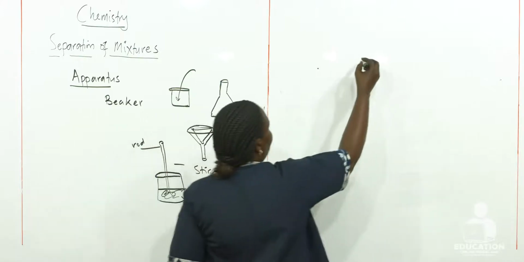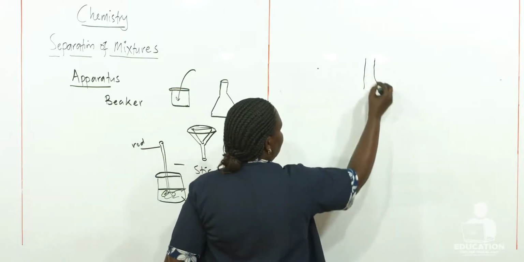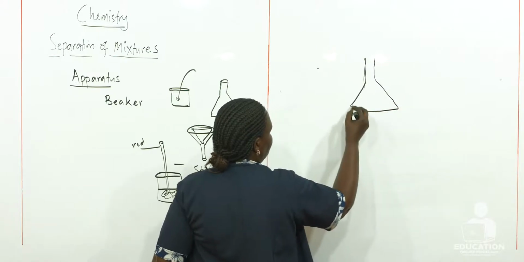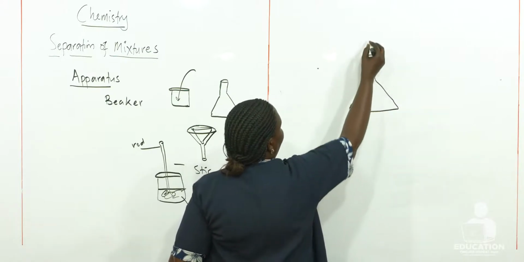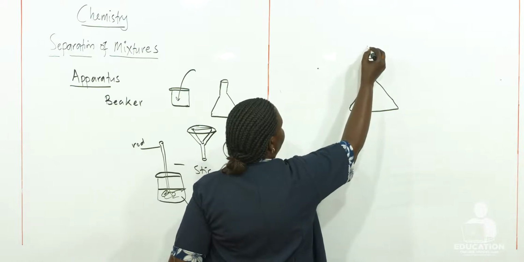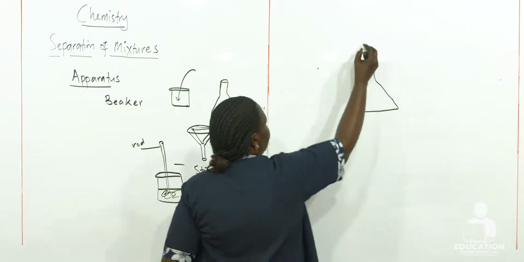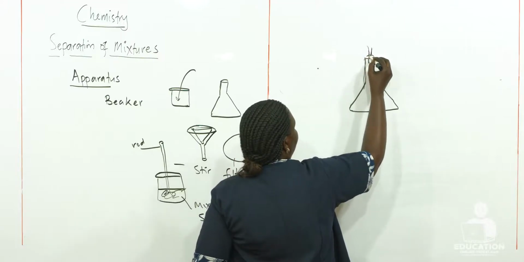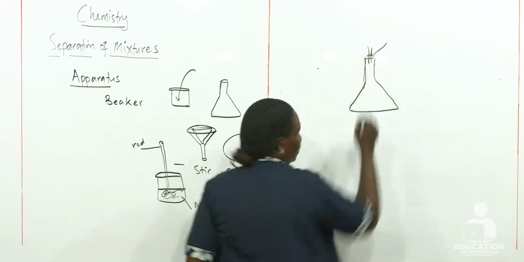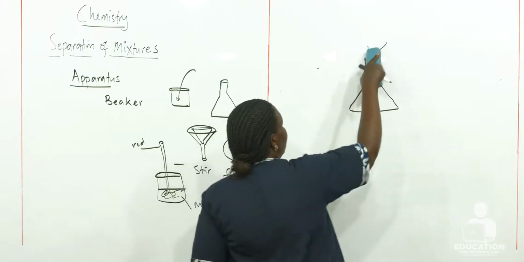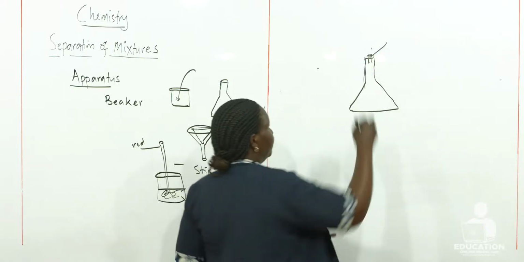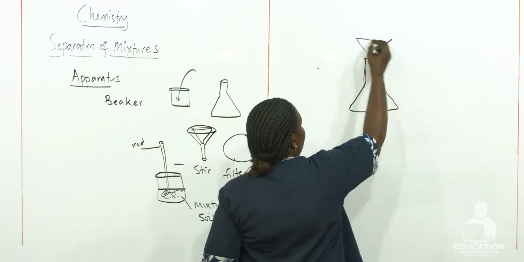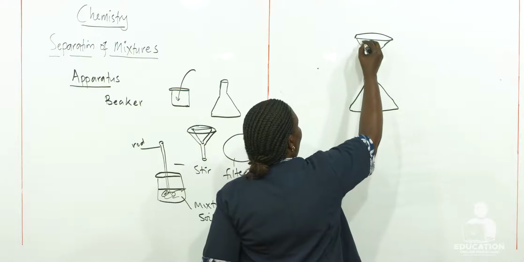We have our conical flask. We bring our funnel with the filter paper.